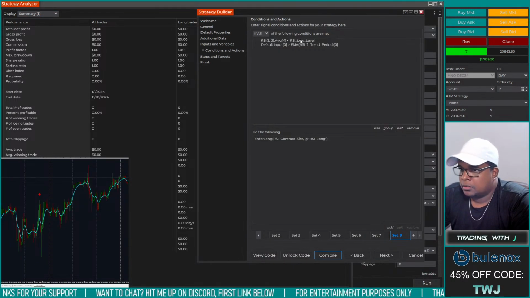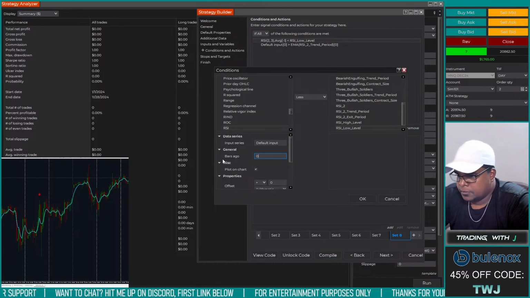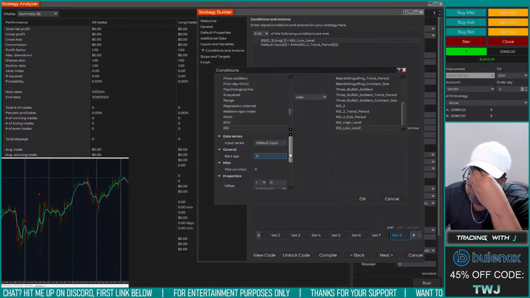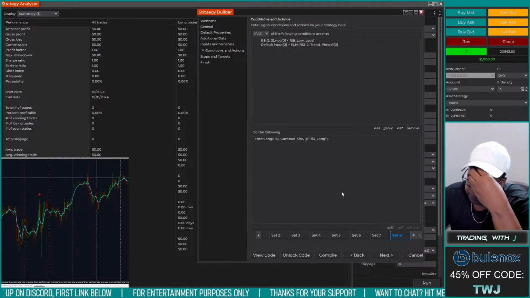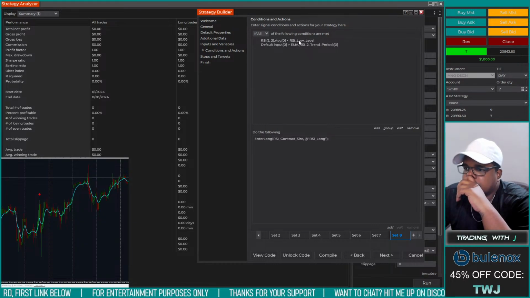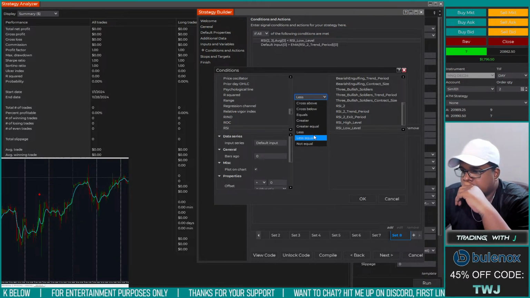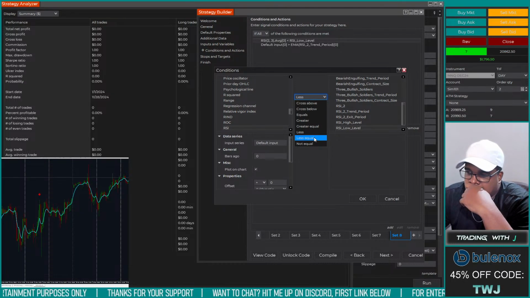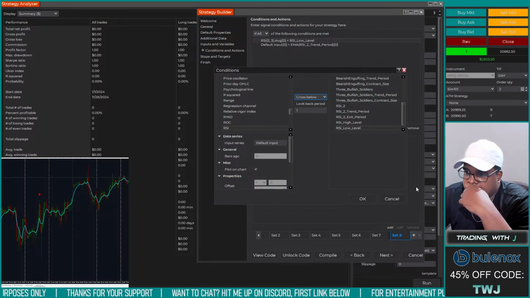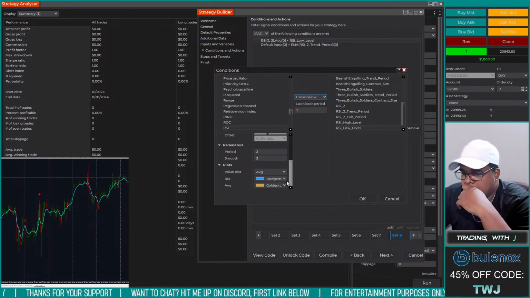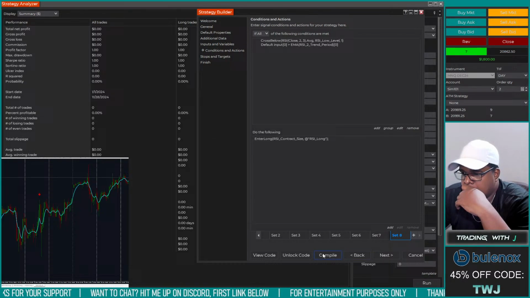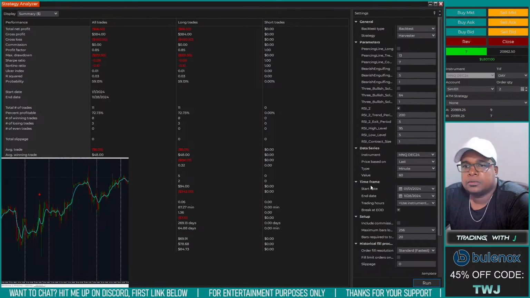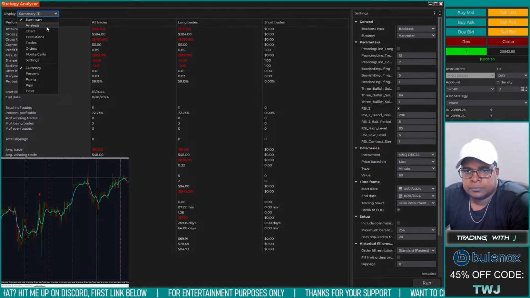Can't do -1. Zero bars ago. Should get a lot of losing trades if we get trades at all. 11, which is still wrong.